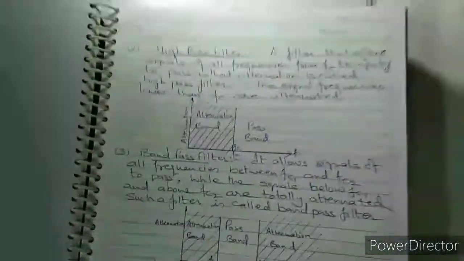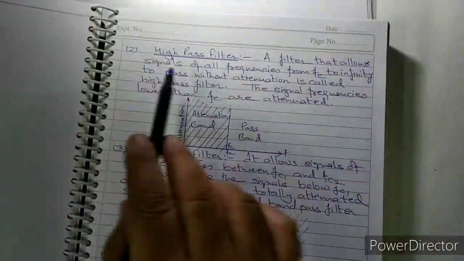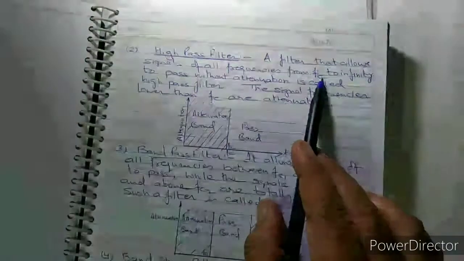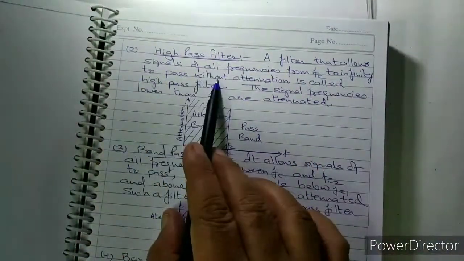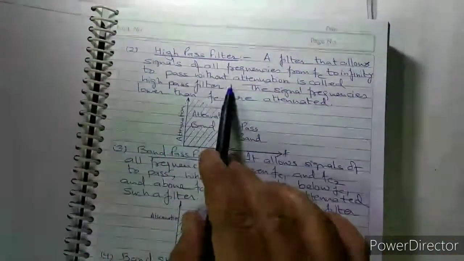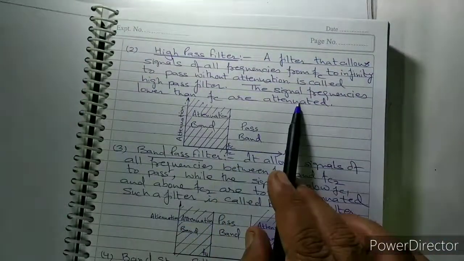Now second is high pass filter. A filter that allows signals of all frequencies from FC, the cutoff frequency, to infinity to pass through without attenuation is called high pass filter. The signal frequencies lower than FC are attenuated.